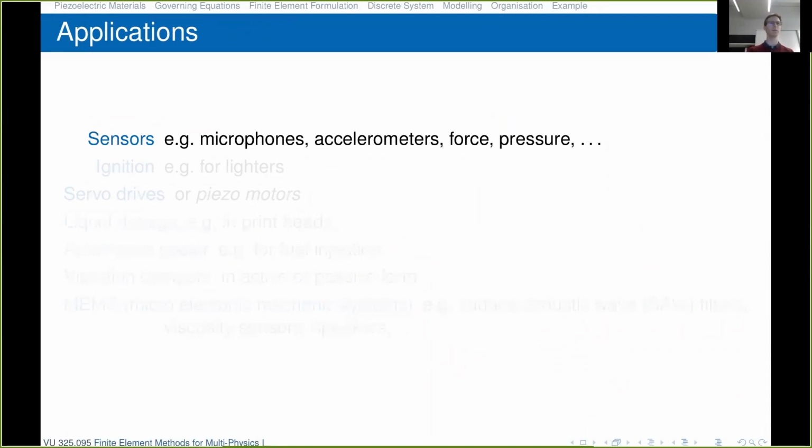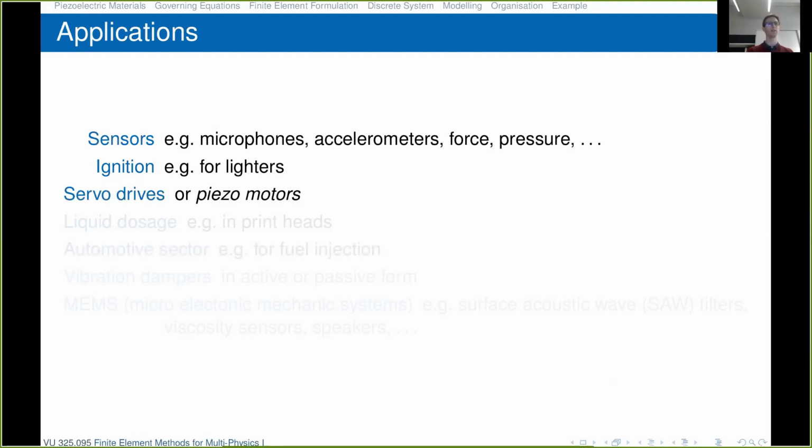You might also think about sensor applications, since we can convert mechanical into electrical quantities using the piezoelectric effect. This is used in microphones, accelerometers, and force and pressure sensors, for example. It's also used as an ignition device, for example, in lighters.